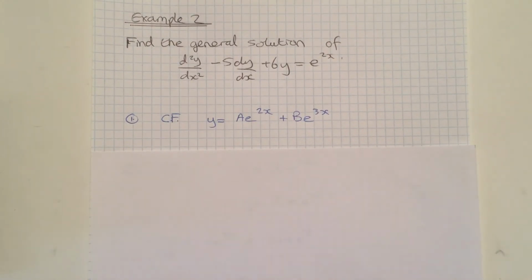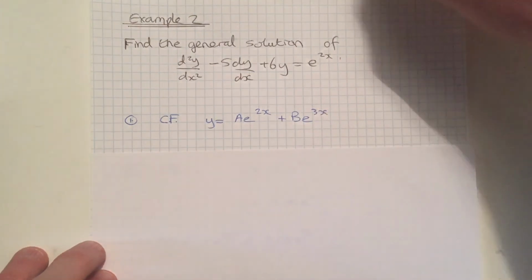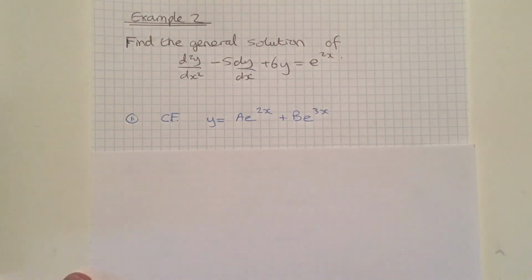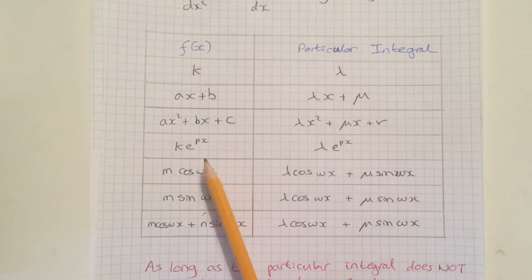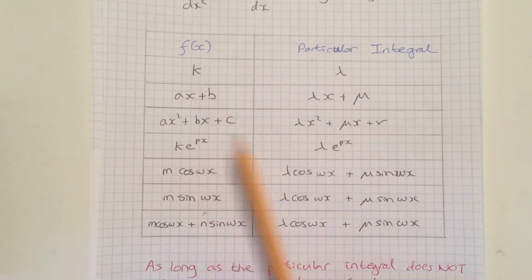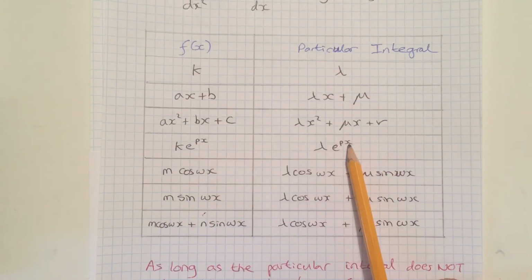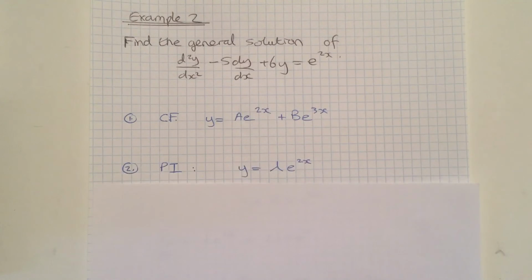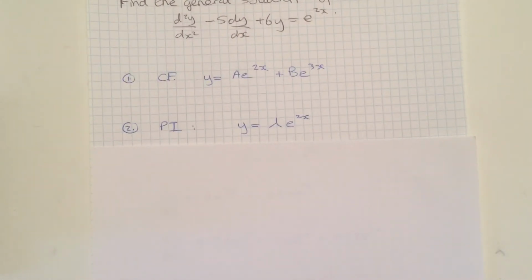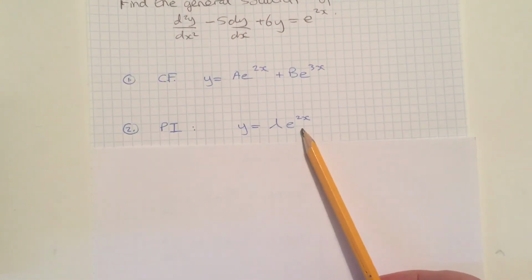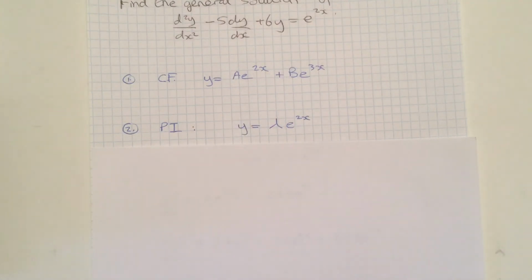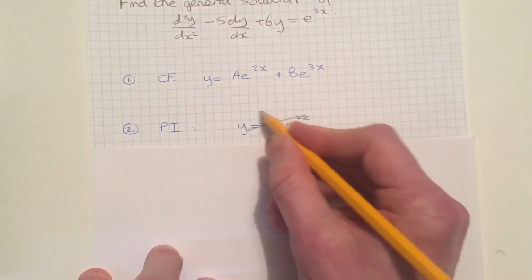Now, looking at the right-hand side over here, I've got the exponential. I've got e to the 2x. So if I've got e to the 2x, that would make me think that lambda e to the 2x would be my particular integral. But notice how that matches up with something in my complementary function, which is a big problem.